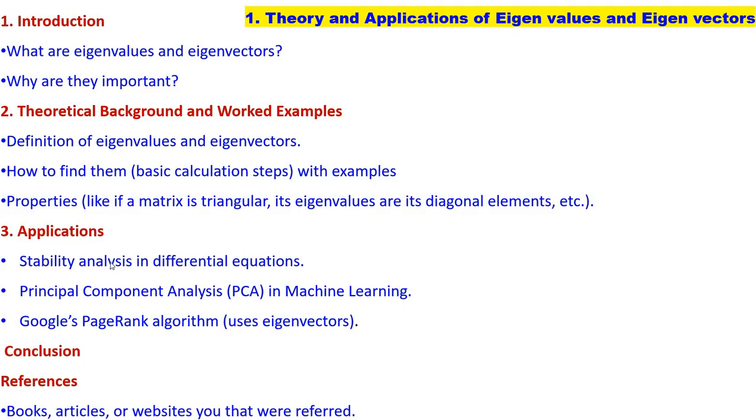You can refer to them in a standard book or articles in a standard journal, and from that you can give an idea about them. Then you have to conclude and give references, the books, articles or websites, whatever you have referred to.